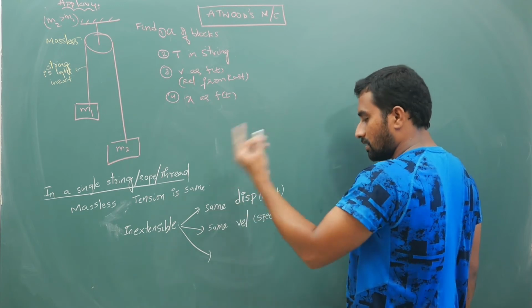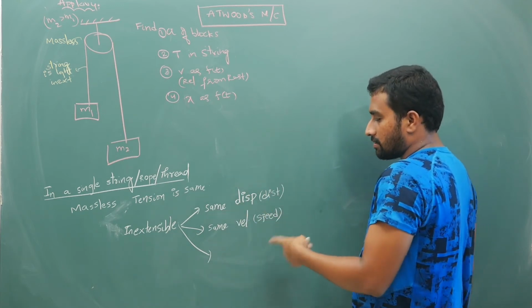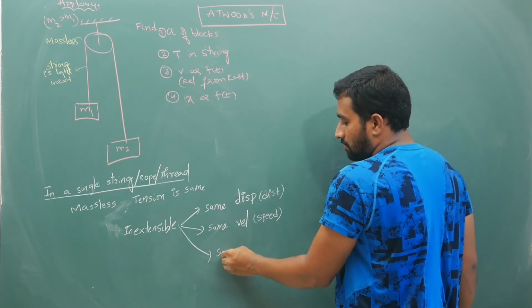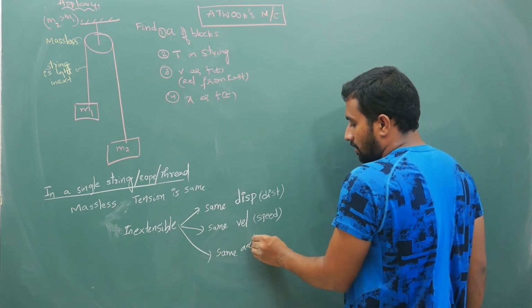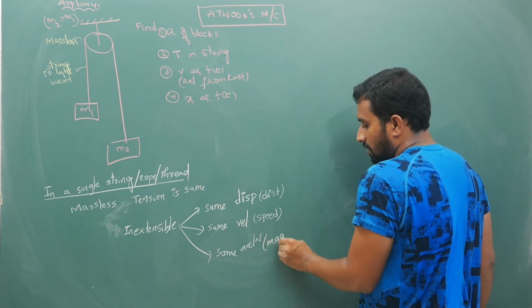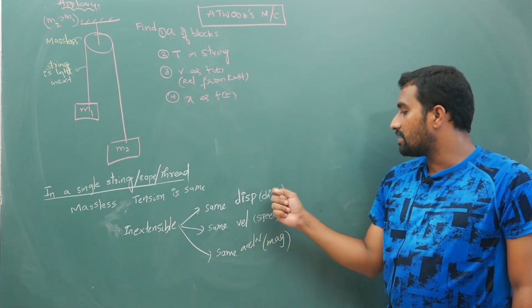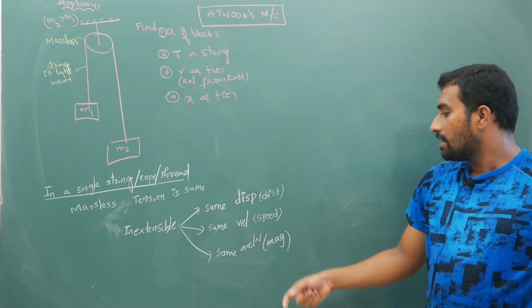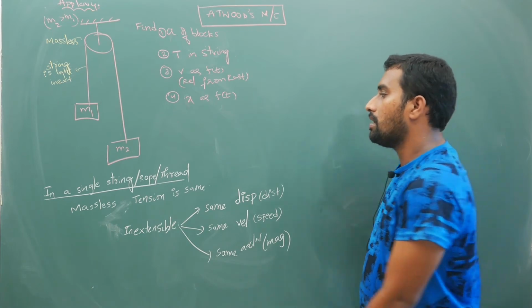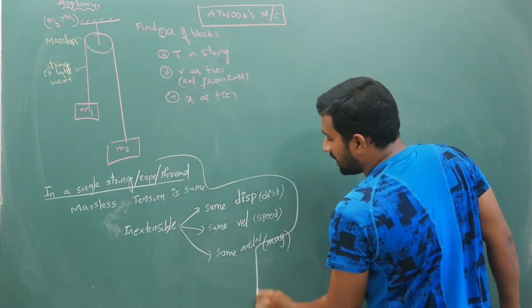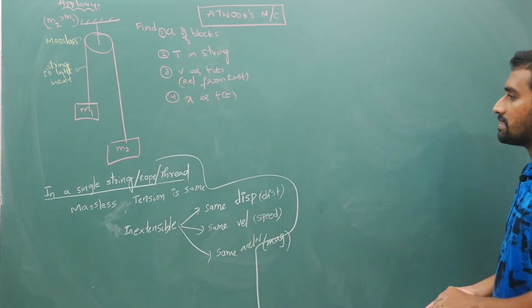If one is coming down, other will go up. Velocity is a vector, and same acceleration. I am talking of magnitudes. Directions will be different, but your magnitudes of displacement, velocity and acceleration will be same. So keep these points in mind before solving any of these questions.